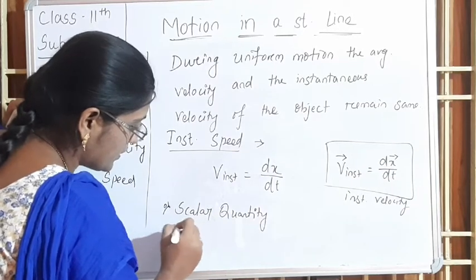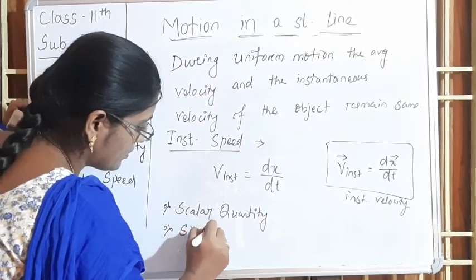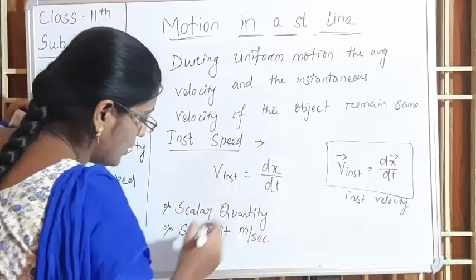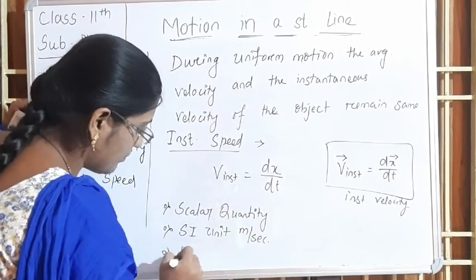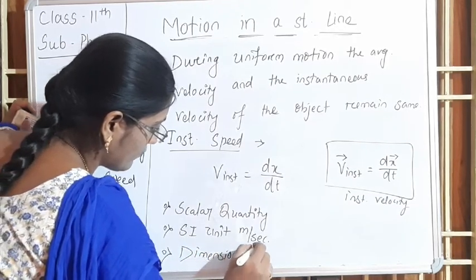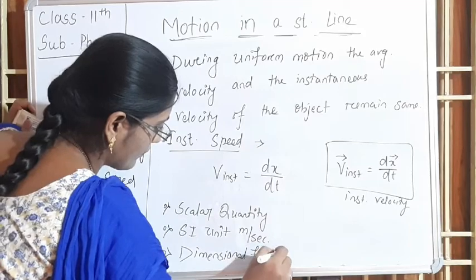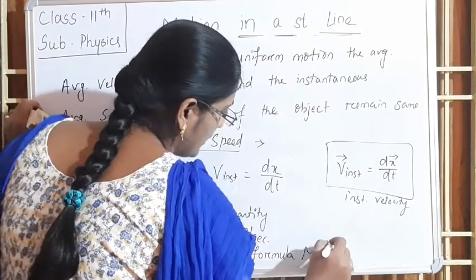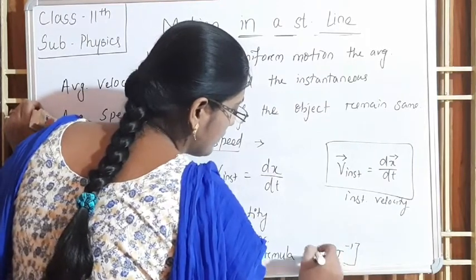The SI unit is meter per second. And the dimensional formula is M0 L1 T minus 1.